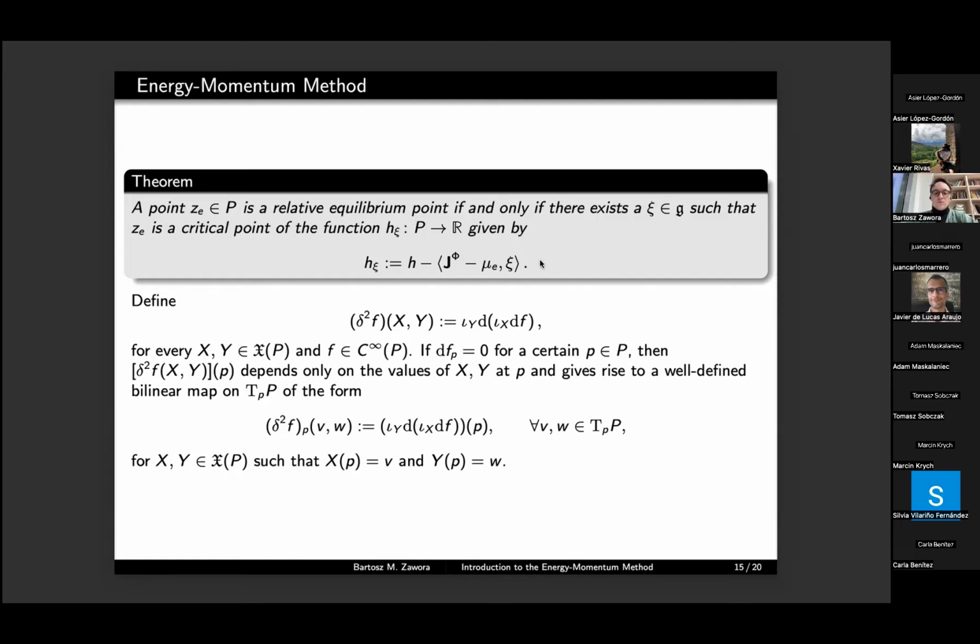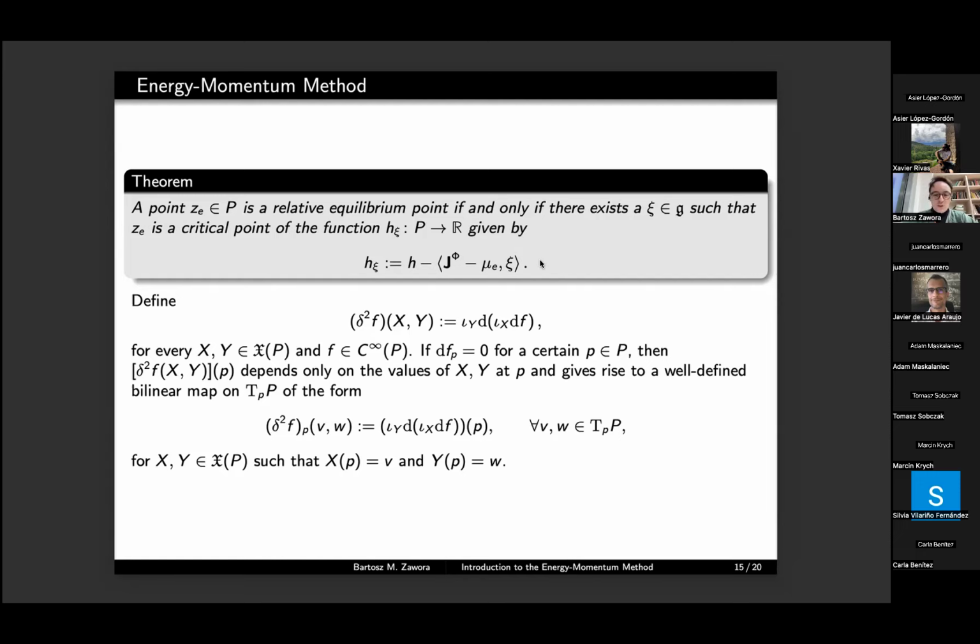So instead of reducing the whole system, we want to find critical points or equilibrium points of the reduced Hamiltonian function or Hamiltonian vector field.